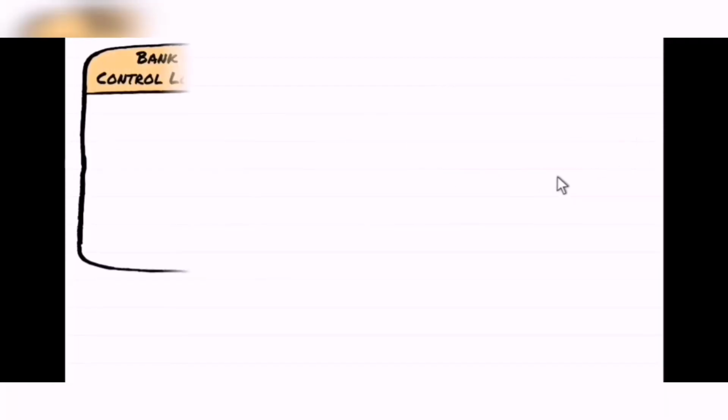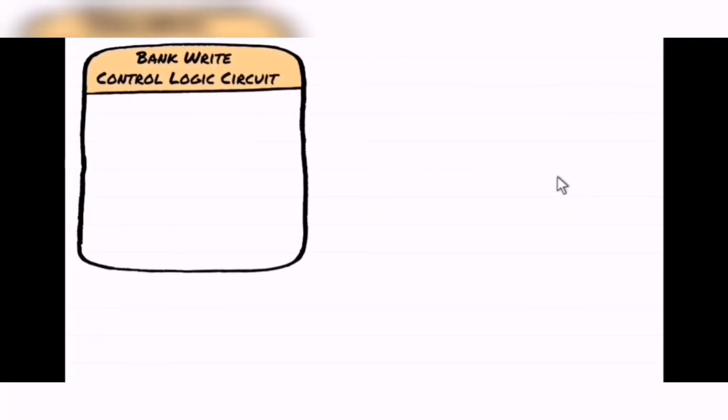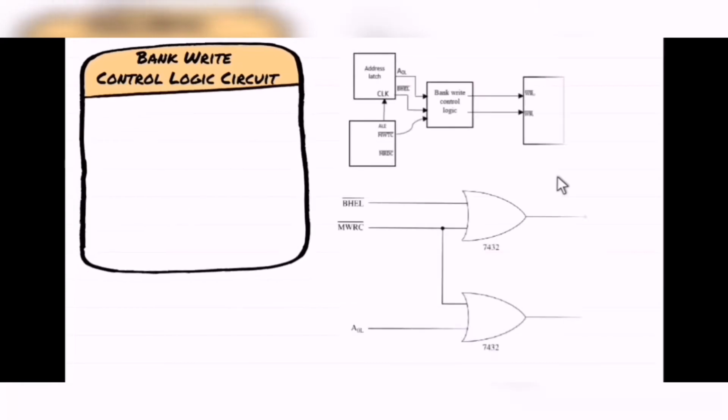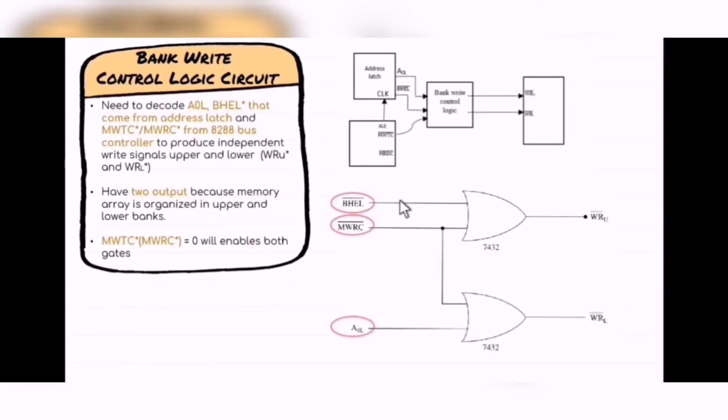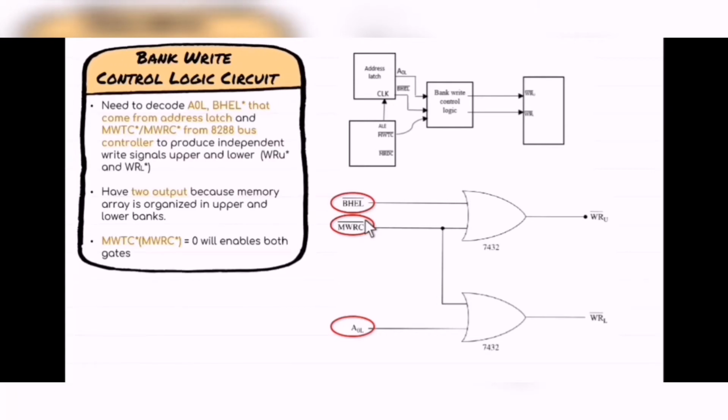So we proceed to the bank write control logic circuit. As you can see, this is the diagram. The first inputs are A0L and BHEL bar. A0L comes from the address latch here, and MWTC bar or MWRC bar comes from the 8288 bus controller to produce independent write signals, upper and lower.